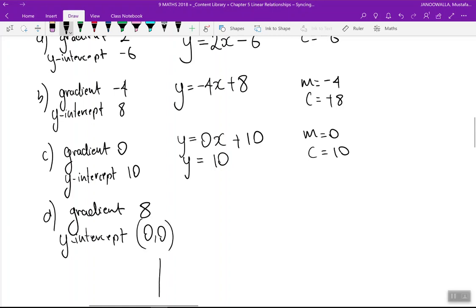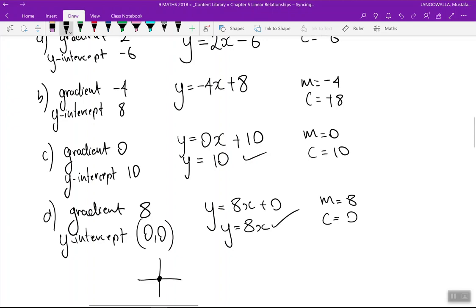The point of origin basically is that point on the graph where it begins, 0, 0. So my y-intercept will be 0. So y equals m, your gradient 8, x plus c, which is 0. So 8x plus 0, and y equals 8x is your equation. Any questions with that?